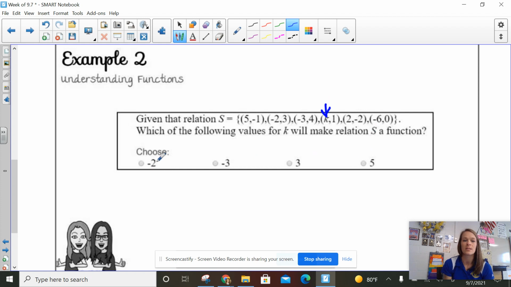So if you're looking through these, -2, there's already a -2 right here, so it can't be that one. -3, there's already a -3. +3 could be it. 5, there's already a 5 right there, so it has to be your 3. So again, your x values cannot repeat.